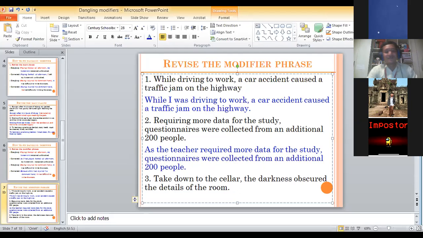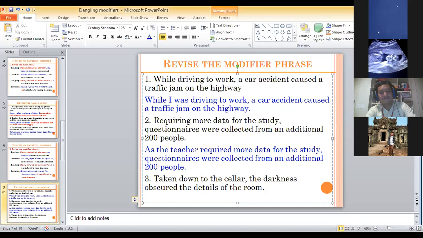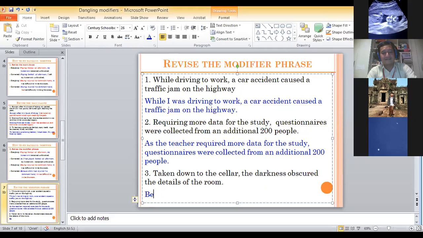Okay, one more. The last one, number 3: this one that must be taken. Okay, Chinchu. Because I took down the cellar, the darkness of... what is that term? Obscure.